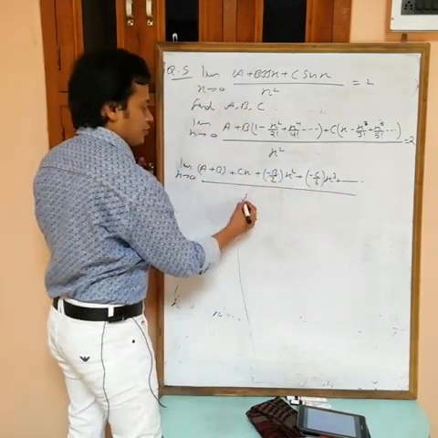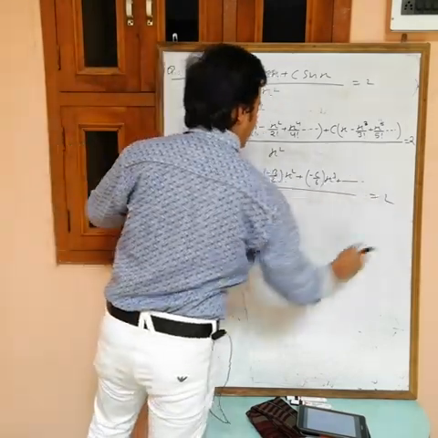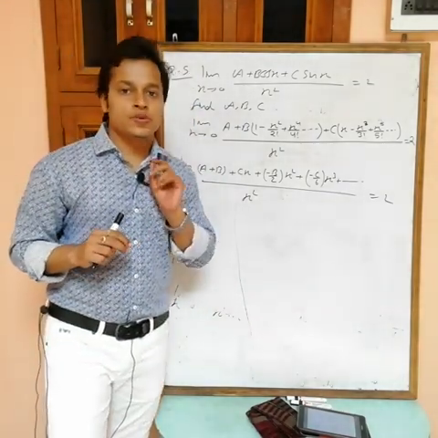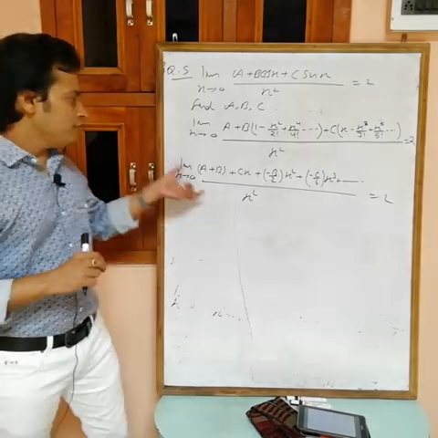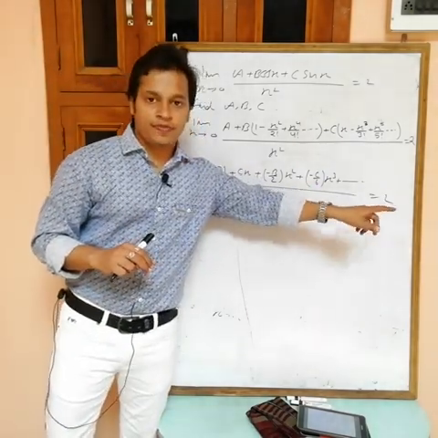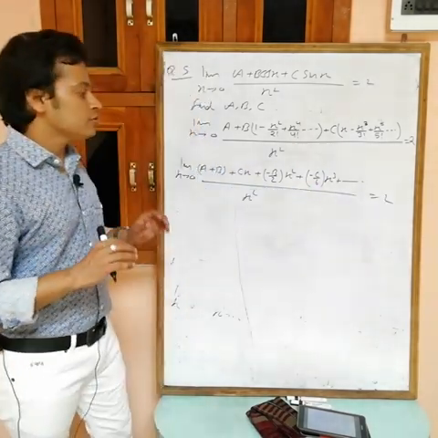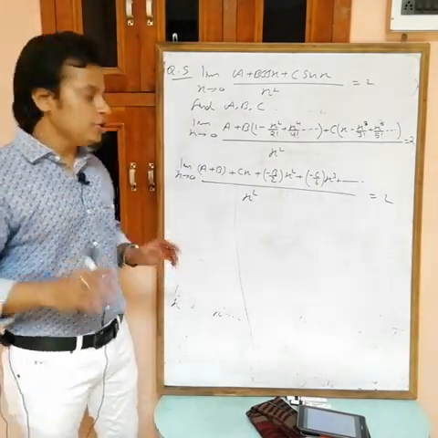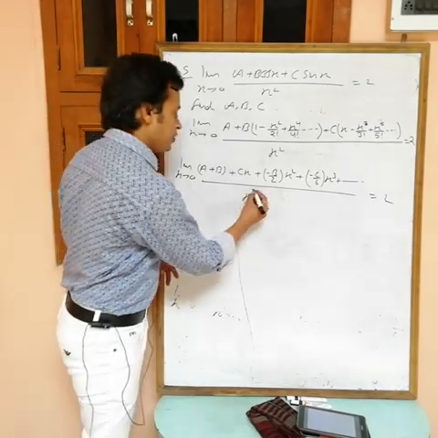In the denominator we have x square, so the minimum power of x in the denominator is 2. Then the value of the limit is non-zero finite, so the minimum power of x must be the same in the numerator and denominator. This is 2.